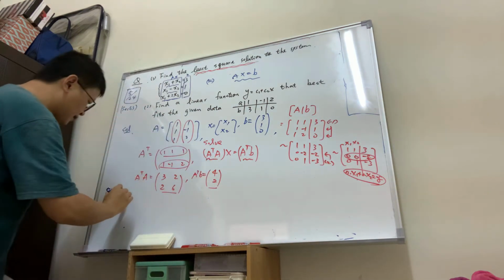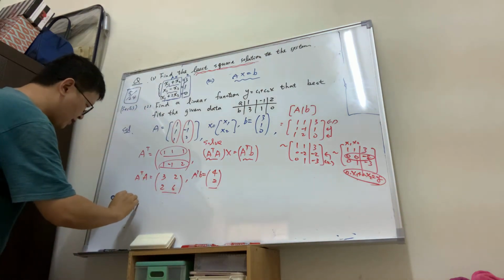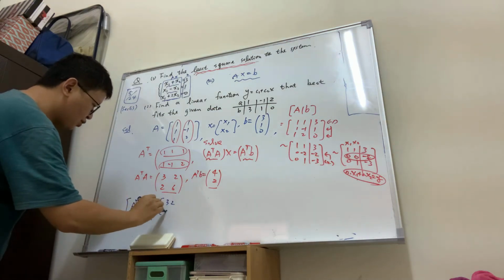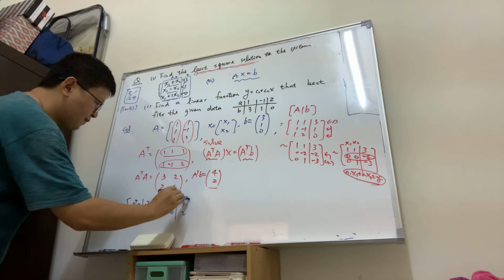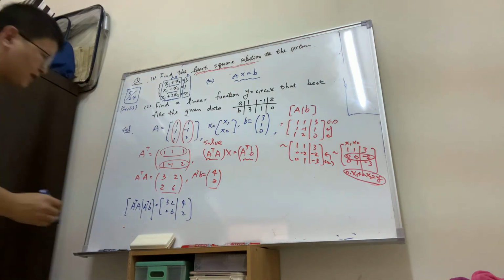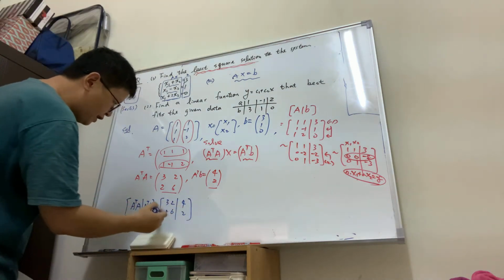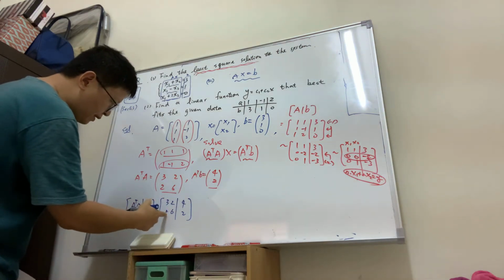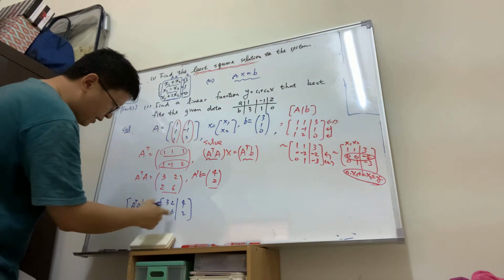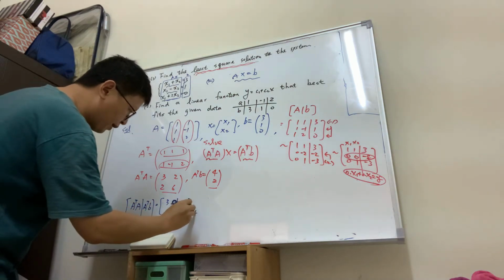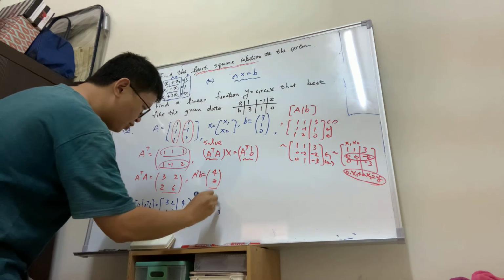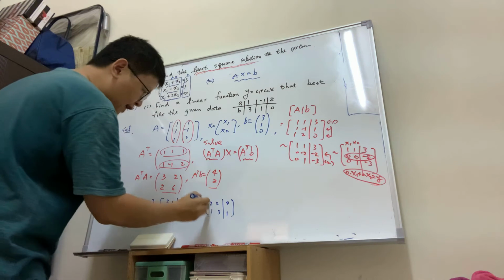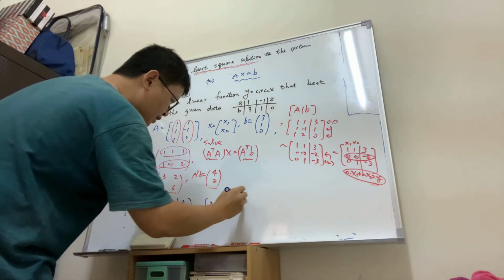Now consider the augmented matrix to solve it: 3, 2, 4; 2, 6, 2. We apply elementary row operations. There are several ways to solve it. The second row has the common factor 2, so we could multiply by one half to get 1, 3, 1. Then we could interchange the two rows, giving 1, 3, 1 and 3, 2, 4.